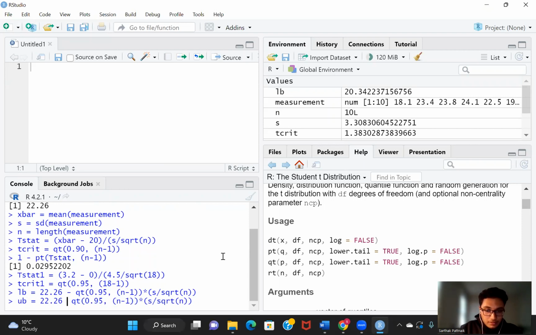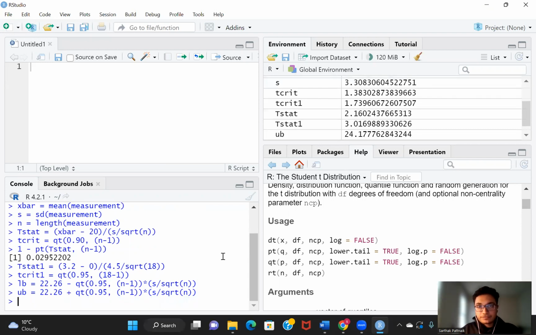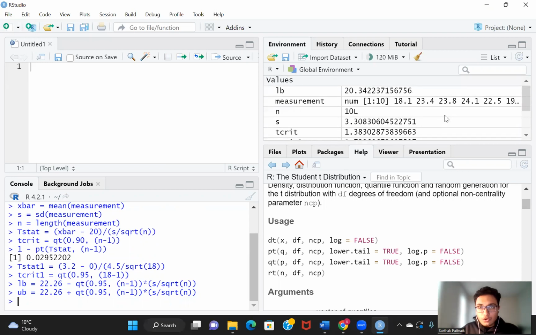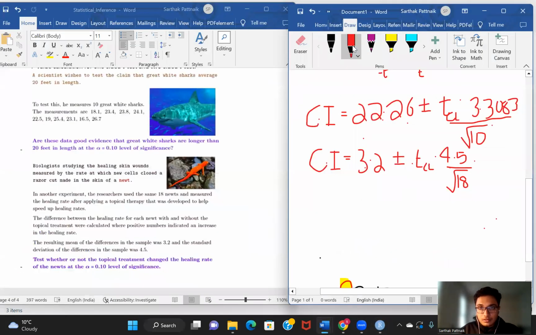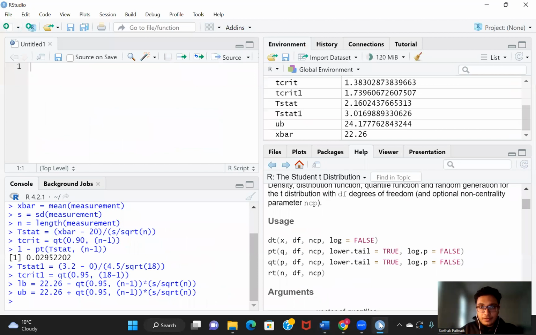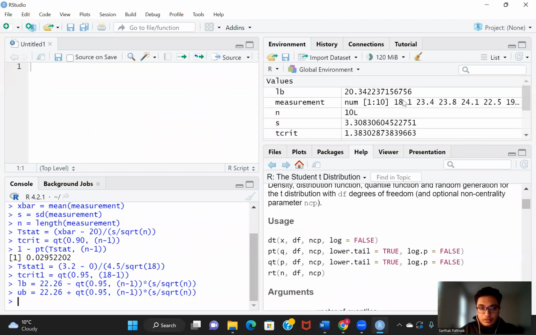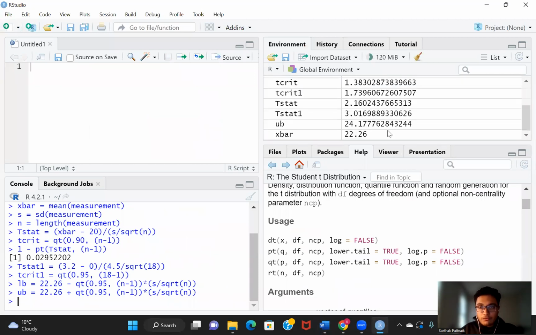Upper bound will be, so lower bound is 20.34, upper bound is 24.17. So this comes out to be 20.34 to 24.17.